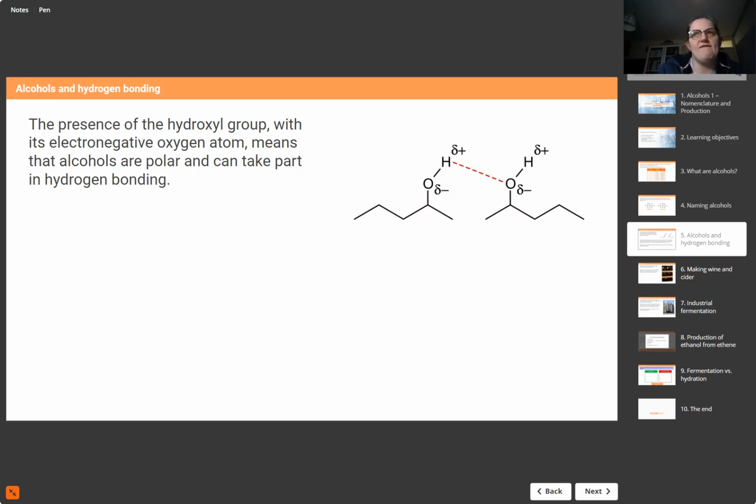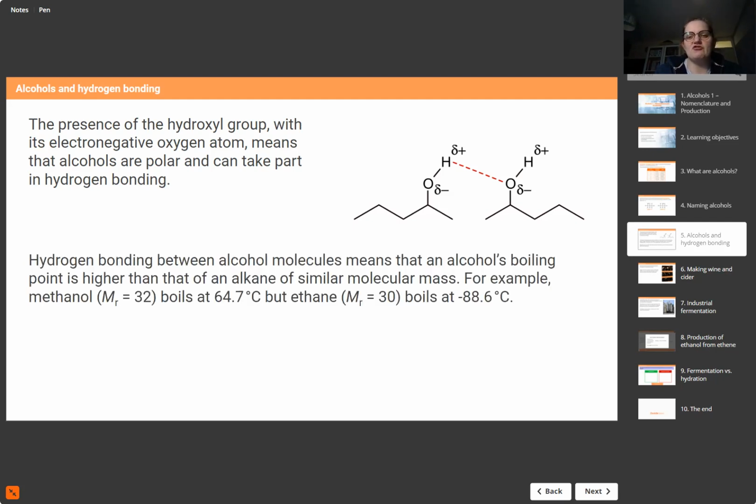That means that alcohols can take part in hydrogen bonding, and generally what happens is hydrogen bonding between alcohol molecules, so in between the two.